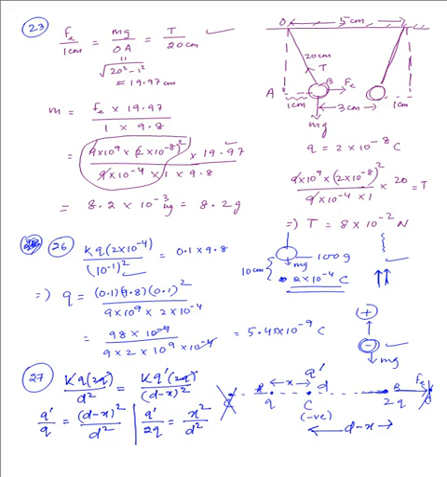You can check this condition that we have obtained over here. So by comparing these two conditions, on the left hand side you see Q prime over Q, and here you see Q prime over 2Q. That means x squared over d squared is half the value of the previous one.